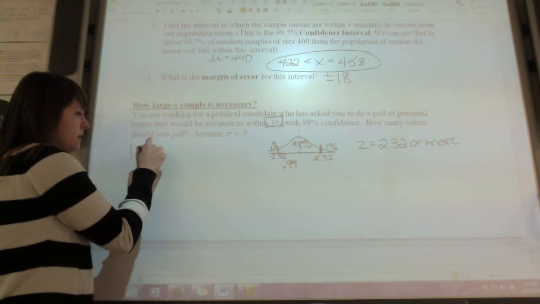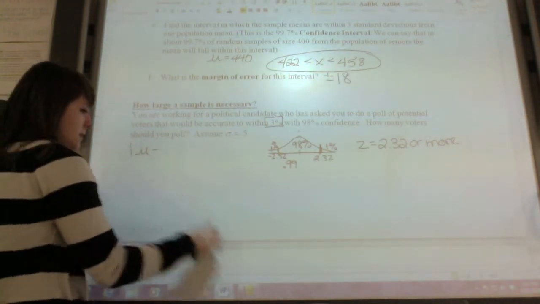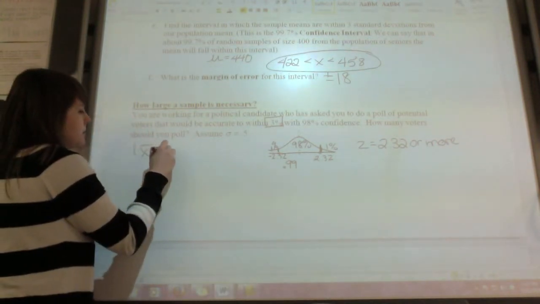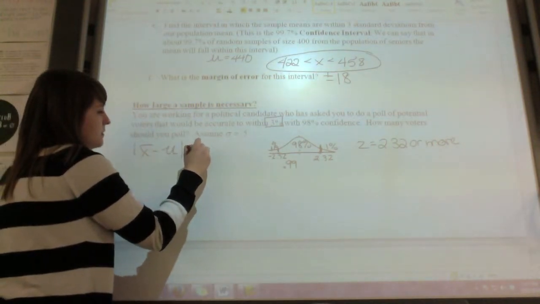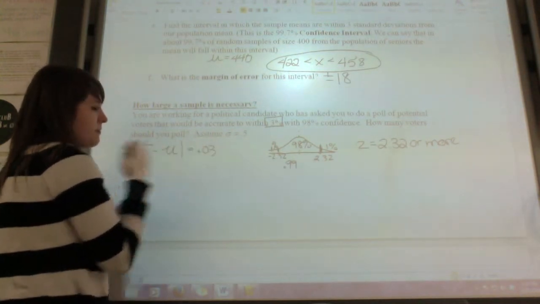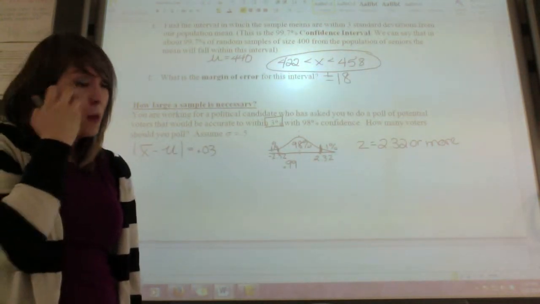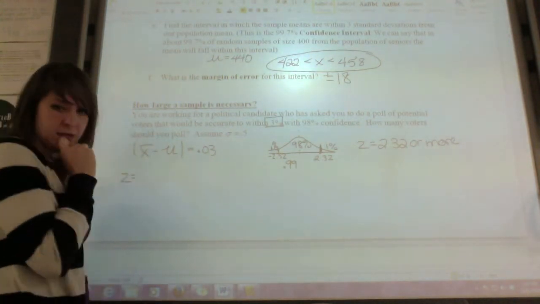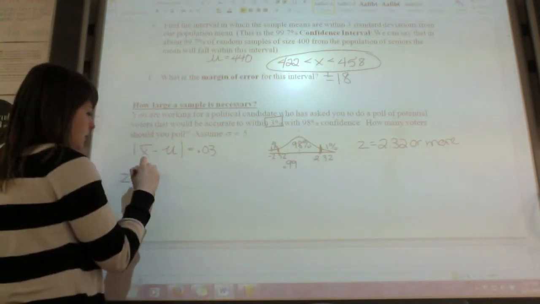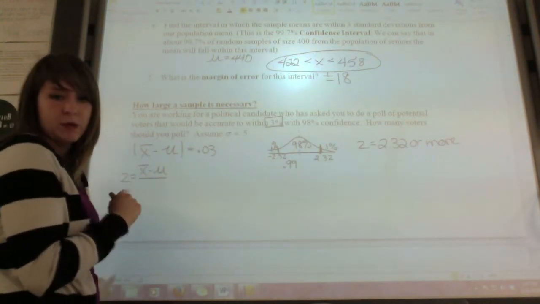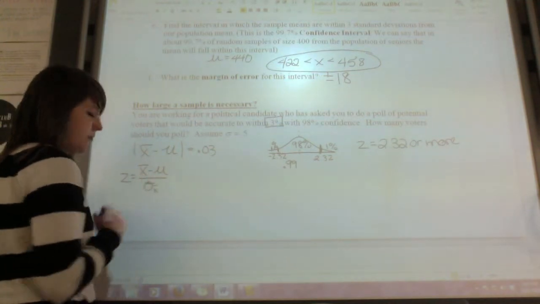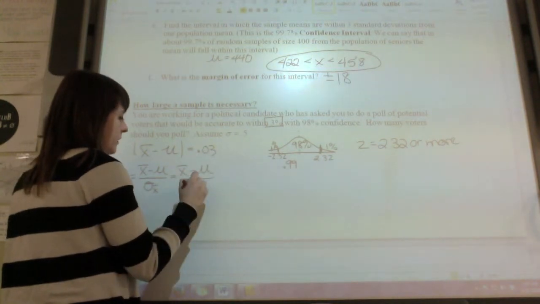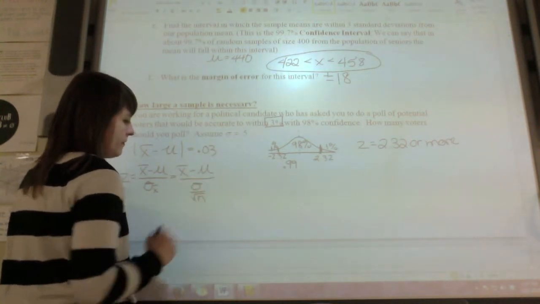So I can say that x bar minus mu is 3%, which is 0.03. Okay? So now I know that my z-score is x bar minus mu over sigma x bar, which is actually just x bar minus mu over sigma over the square root of n.